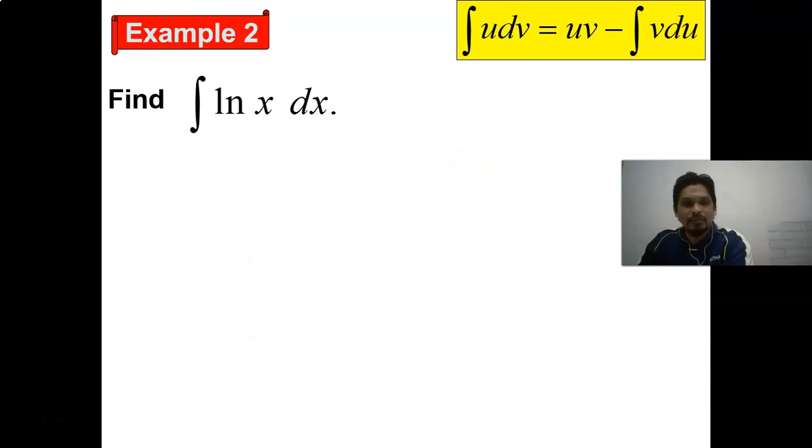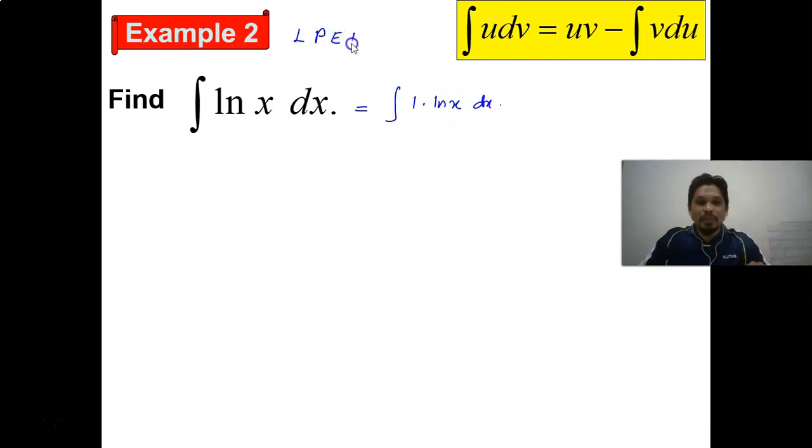Example 2, find the integral of ln x dx. Okay, class, we can say this as the integral of 1 multiplied with ln x dx, because we need at least 2 different functions, whether log, polynomial, exponent, or trigo.